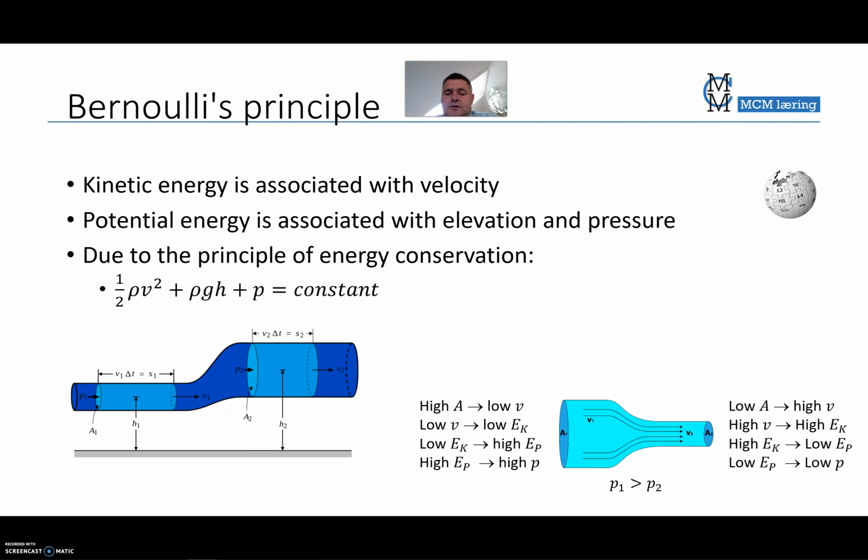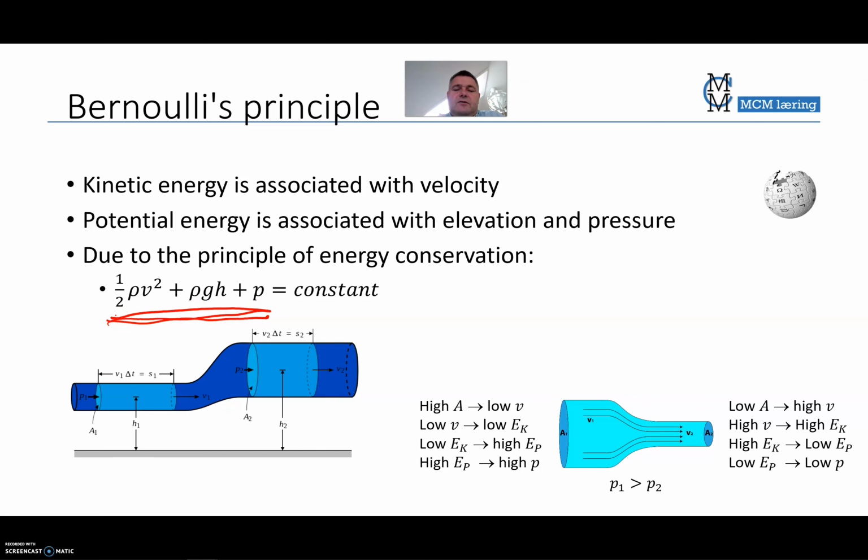Bernoulli took this one step further, and he found that the energy must be conserved. So the energy is constant throughout the pipe, unless you have effects like heating, etc., that the fluid heats the pipe, but that also is of course a kind of energy. Else, if you don't take the heat into account, you will have this relation here.